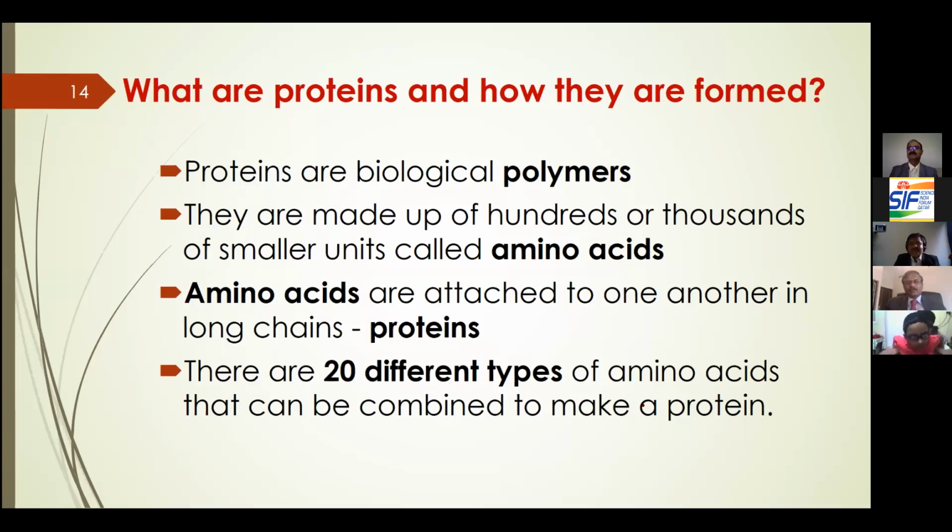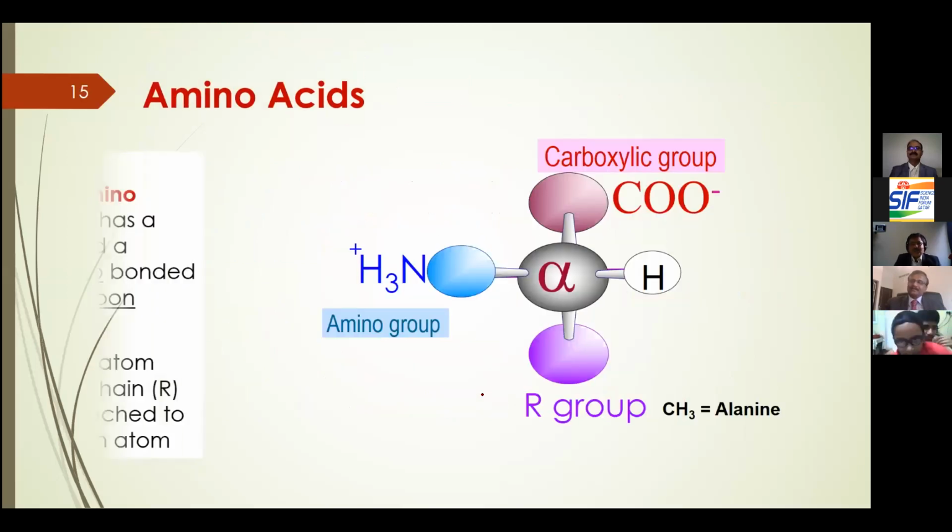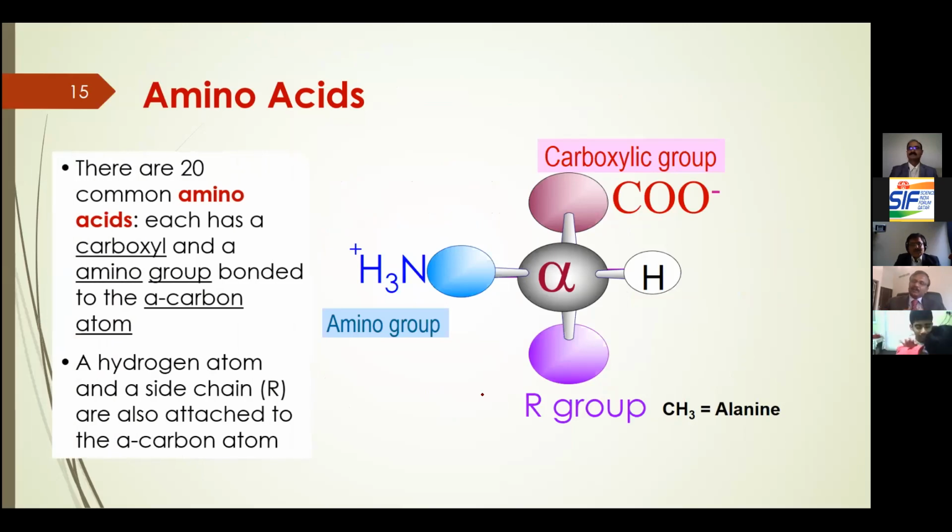So let's quickly answer something for the students. What are proteins? How are they formed? Proteins are polymers of compounds known as amino acids. These amino acids react with one another and form long chains of amino acids linked to one another.